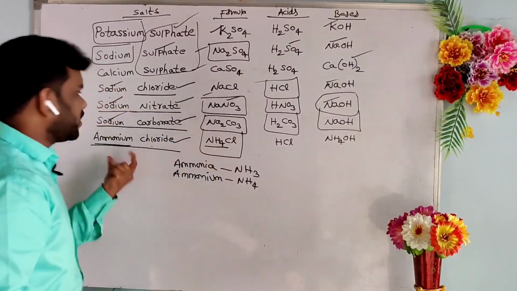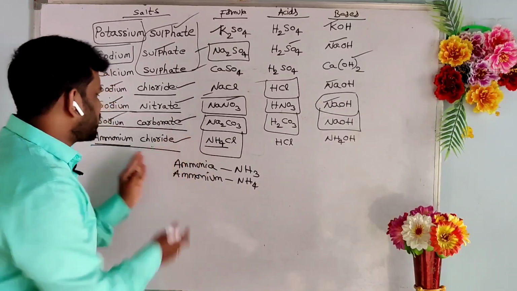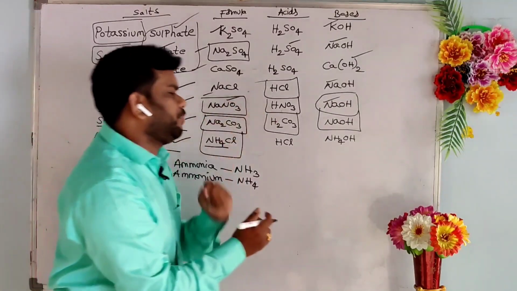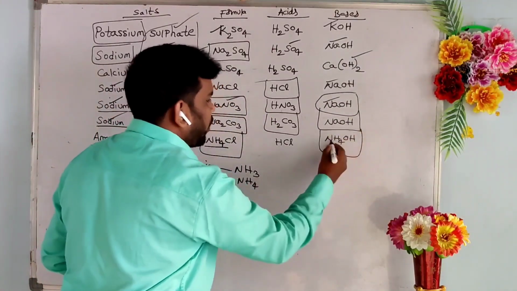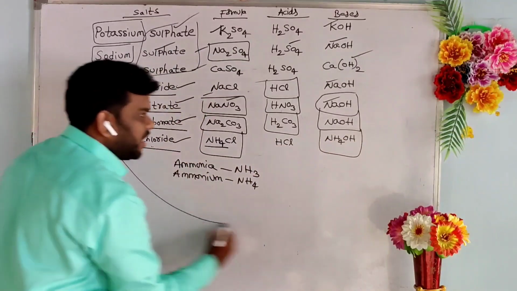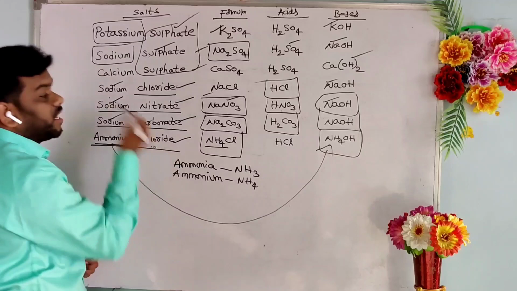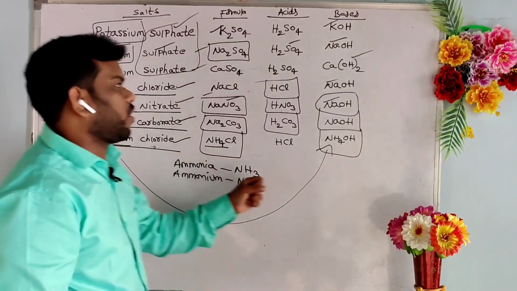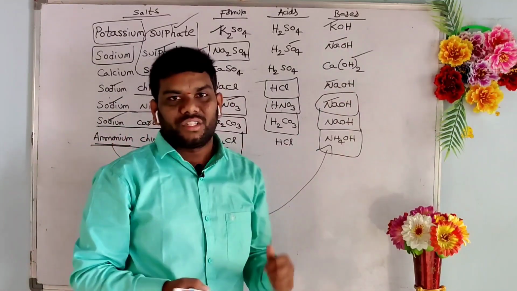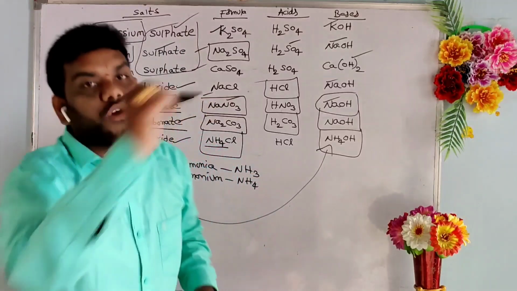Ammonium chloride means NH4Cl. This is the same chloride family, and the base is NH4OH. Ammonium is NH4. Ammonium chloride, because this is a base now. That's why NH4OH.